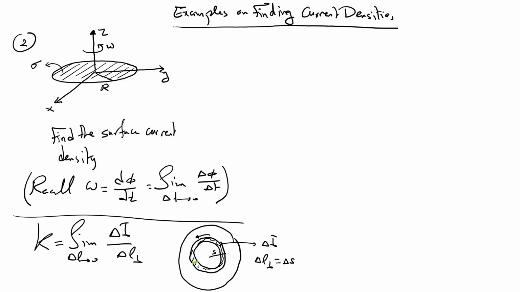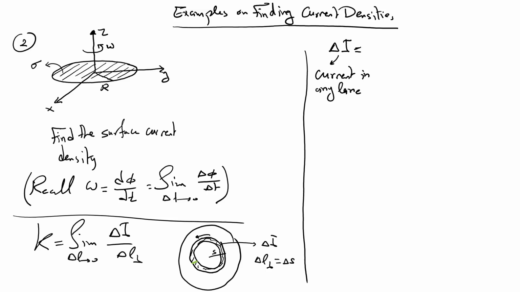So with this in mind, we can start calculating our delta I. Again, remember, this is nothing but the current in any one of these lanes. And the lane has a radius r.